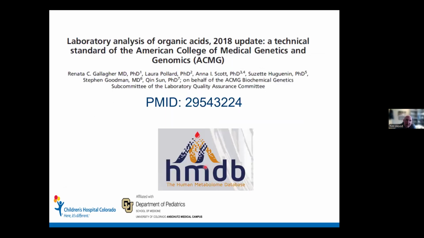And then finally, again, going back to your ACMG standard and guideline, the other thing that I wanted to mention is the Human Metabolome Database. You can put in your analyte of interest.